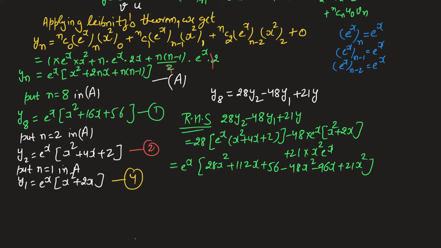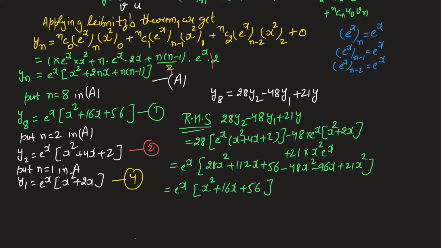Now we will collect the coefficient of x square. It will be 49 and 48 gone, it will be x square e raised to the power x is equal to x square, and here you see 112 minus 96 is 16x, and this constant term is the alone term, so this will be plus 56.